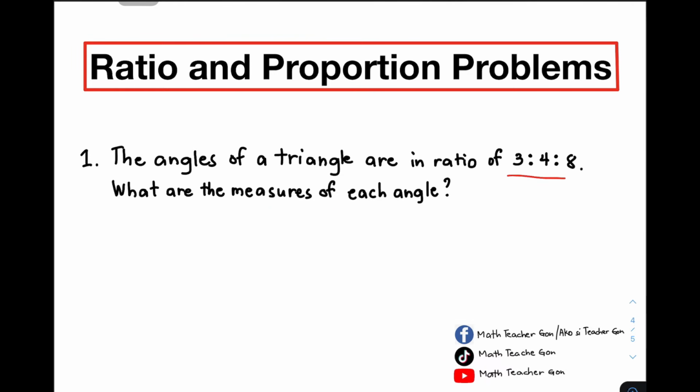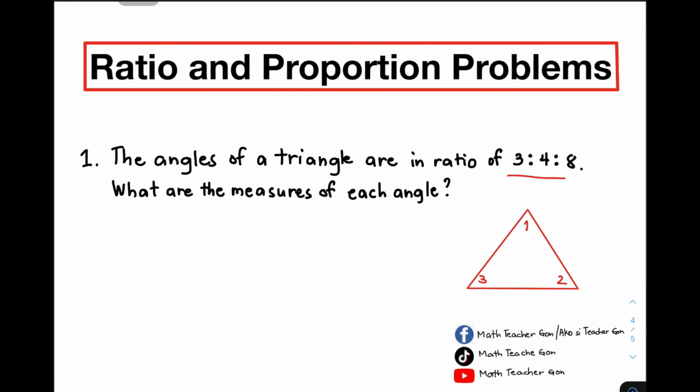So background lang guys, or another knowledge lang guys, pag meron tayong isang triangle, kahit anong klaseng triangle pa yan, isosceles, right, scalene, at equilateral triangle, always, yung mismong sum ng tatlong angles na meron tayo, this one is your angle 1, angle 2, and angle 3.